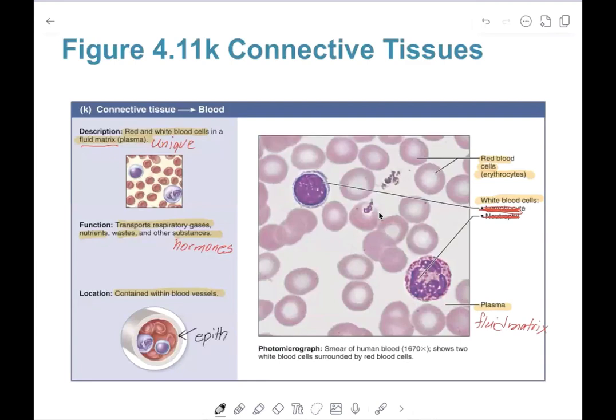And since it's only one layer thick, you should know the specific type of epithelium. It is simple, meaning that it's one layer, and it's extremely thin and squashed looking, which makes for squamous. So it's called simple squamous epithelium.